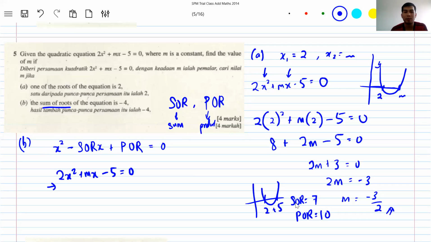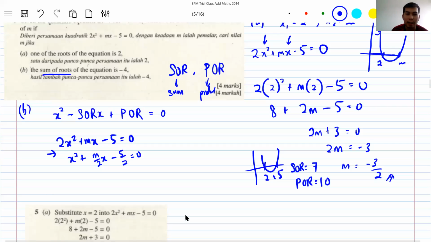So we divide each term by 2. So that's x squared. mx divided by 2 would be m over 2 x. And minus 5 divided by 2 is minus 5 over 2. It's equal to 0.